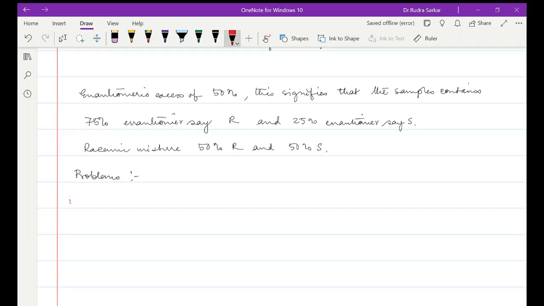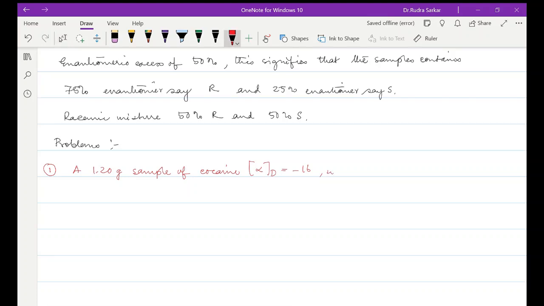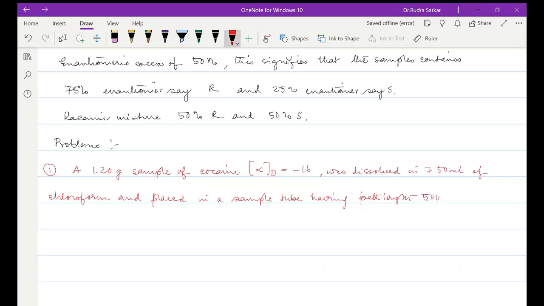So the first problem given over here is, suppose a 1.20 gram sample of cocaine, whose alpha D is given to be minus 16, was dissolved in 750 ml of chloroform and placed in a sample tube having a path length of 5 centimeter.